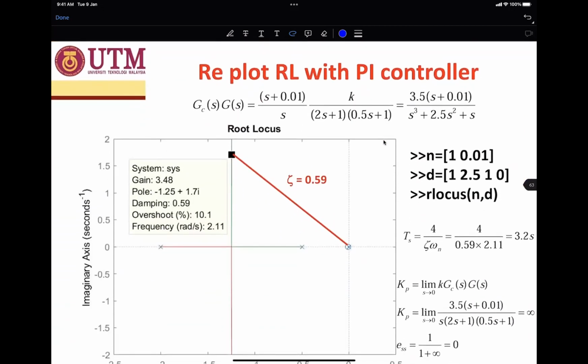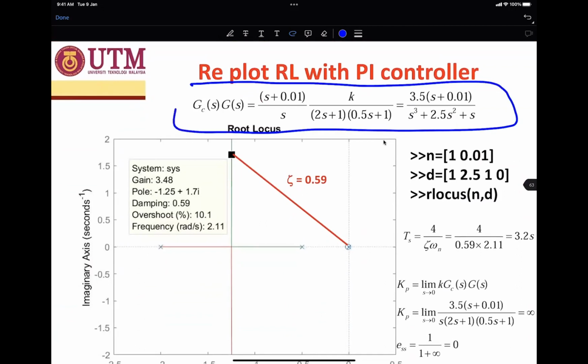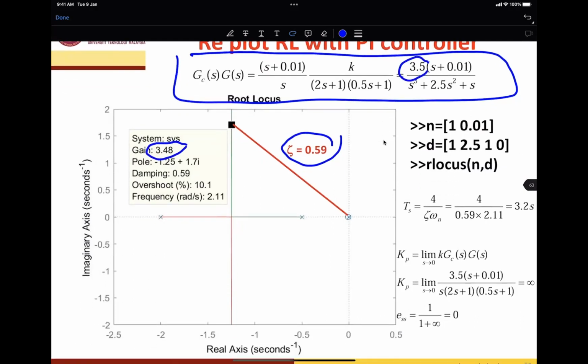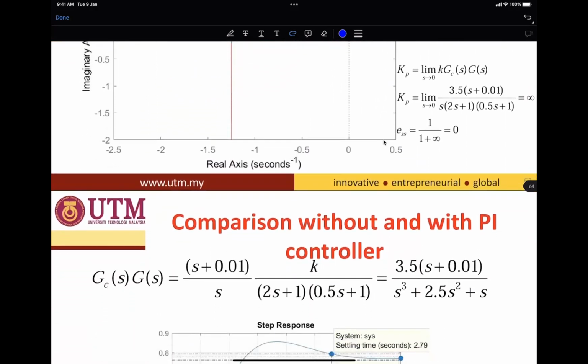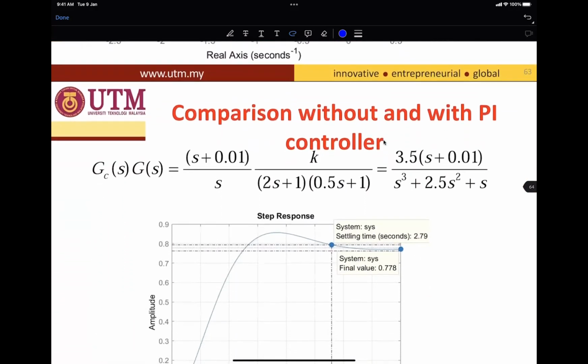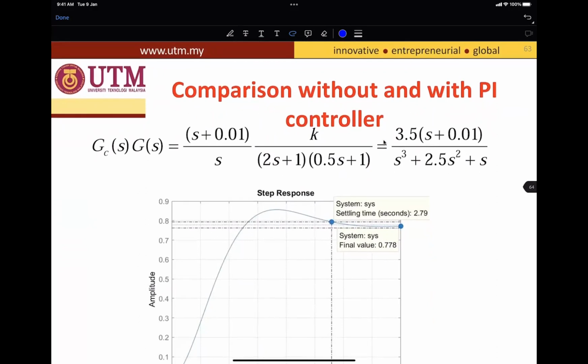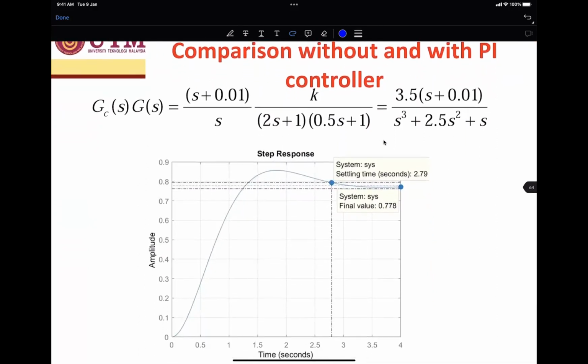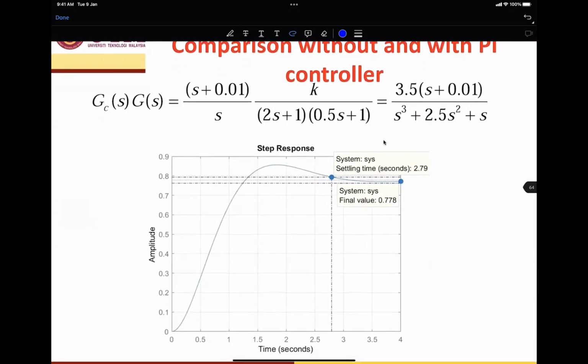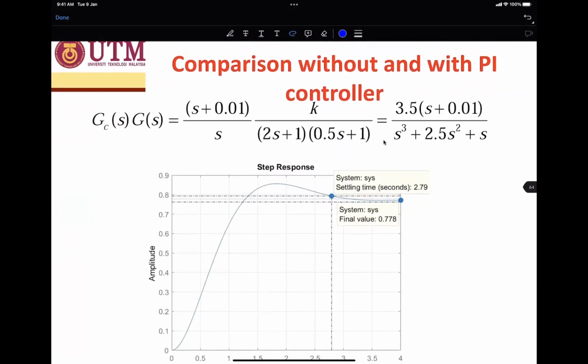So this is the way I did it. S plus 0.01 multiplied by the open loop transfer function. And the gain is 3.5. We take it from the intersection at 0.59, which is here, 3.5. That's why 3.5 is over here. And then we find the closed loop transfer function again. Here you can see a comparison.